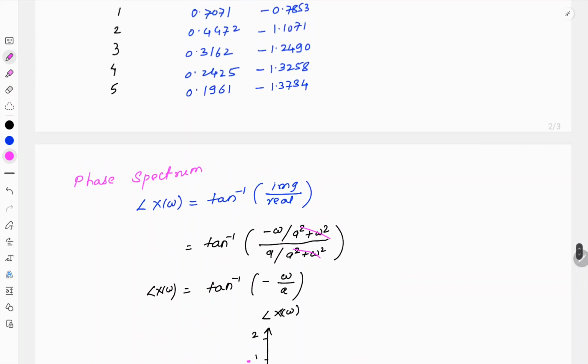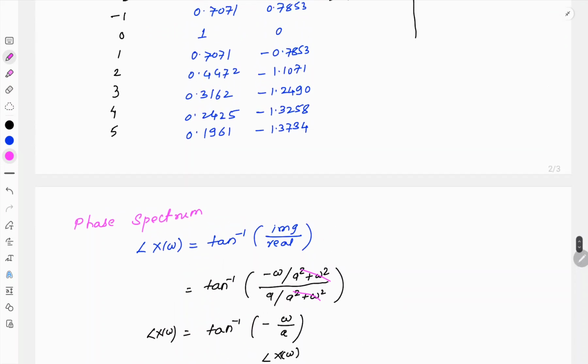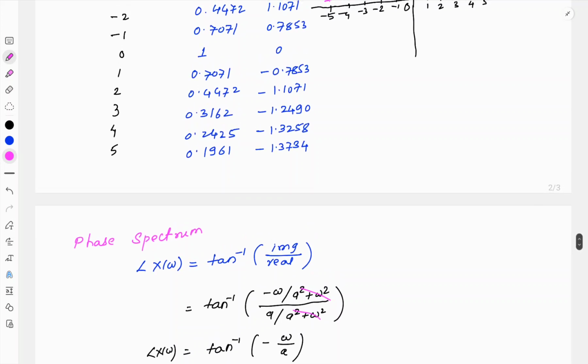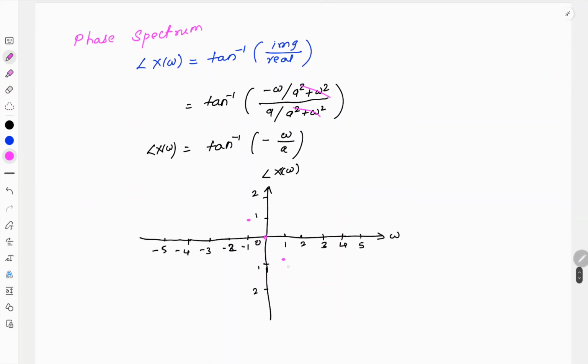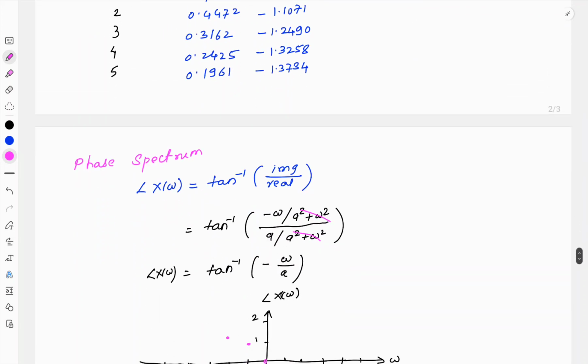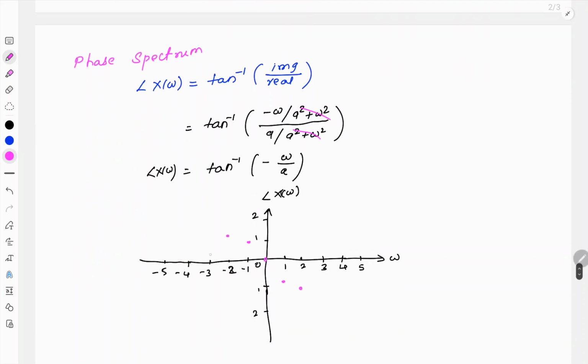Next we have the value at 2, it is 1.1. Here also at minus 2 it is 1.1. At 3 the value is 1.2. So at minus 3 it is a positive value 1.2, and at 3 it is a negative value.